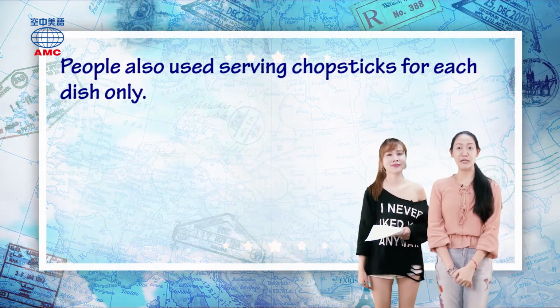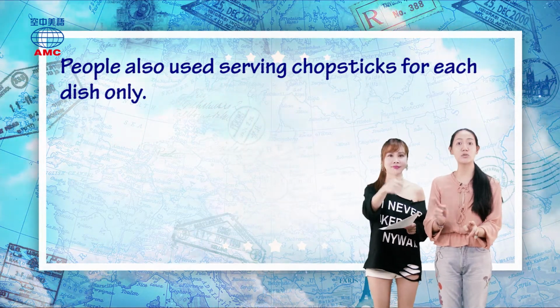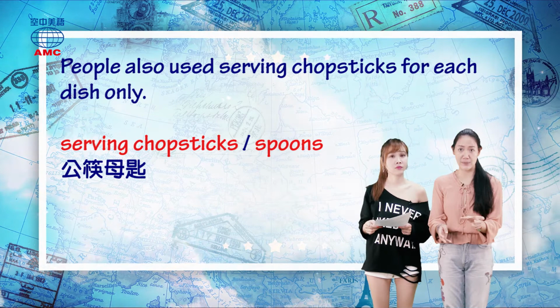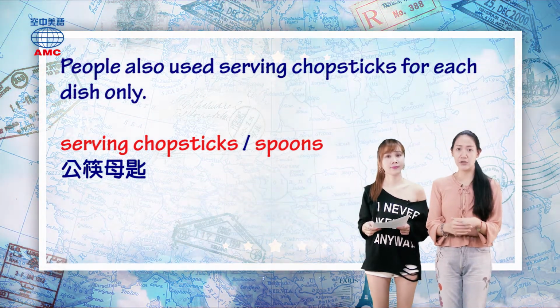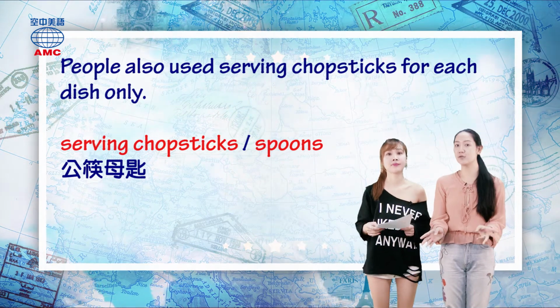All right, so it says people also used serving chopsticks for each dish only. So we have a special kind of chopsticks, which are called serving chopsticks. Serving chopsticks are used for getting food from large shared Chinese food dishes.